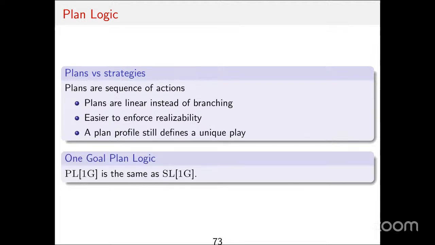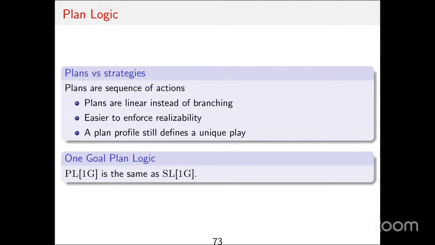And we still have the property that if each player has a plan, then it defines a unique play. So we can use almost the same logic, the same syntax as strategy logic, but in an easier way.